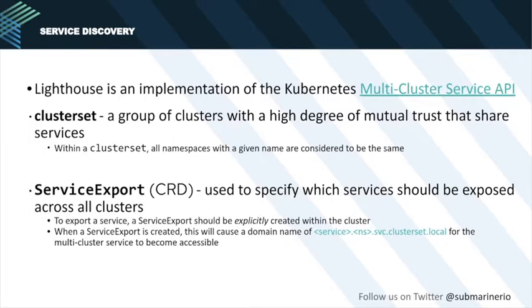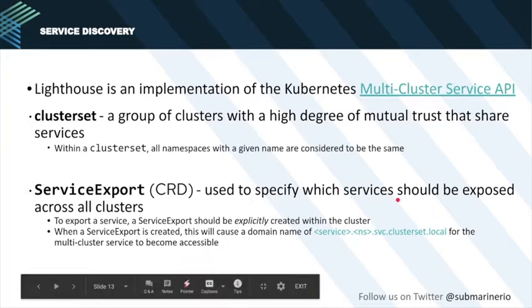The idea behind a cluster set is that all namespaces with a given name are considered to be the same for the set of clusters. So if you have a namespace with a specific name in cluster A and the same name in cluster B, from the point of view of service discovery, both of them are the same namespace.